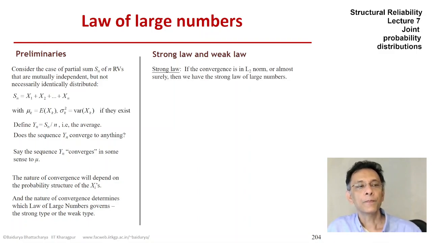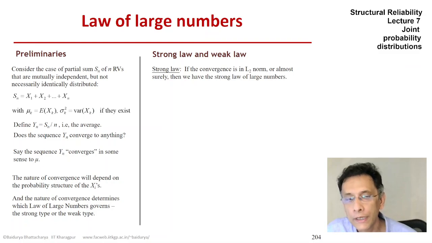So the strong law states that if the convergence of that average to that particular number mu is in L2 norm, in mean square, or almost surely, then we have the strong law of large numbers.